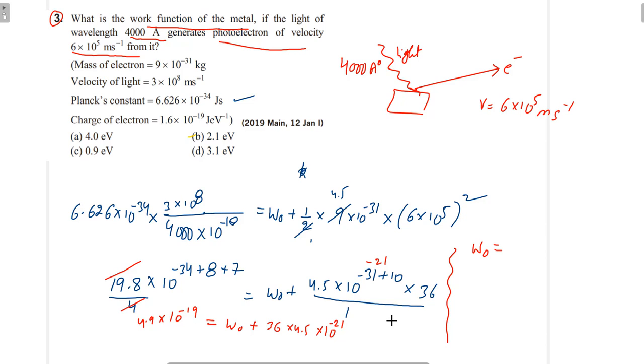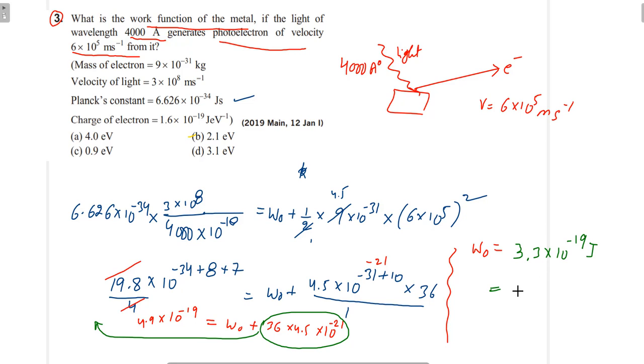Next, if you take this total value, then we will get W naught approximately 3.3 into 10 power minus 19 joules.